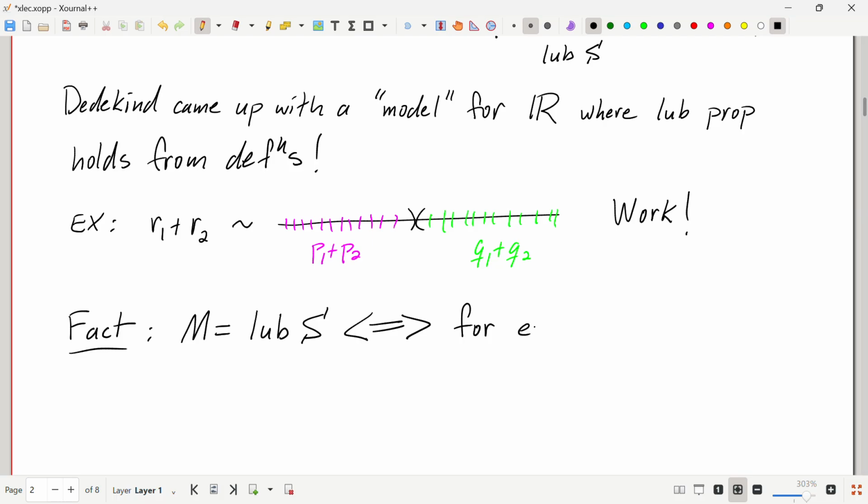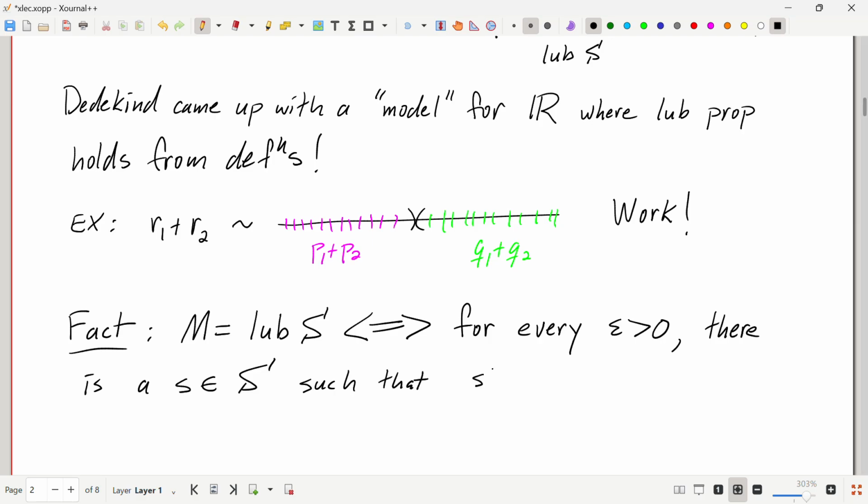For every epsilon bigger than 0, there is an s in S such that s is bigger than M minus epsilon.